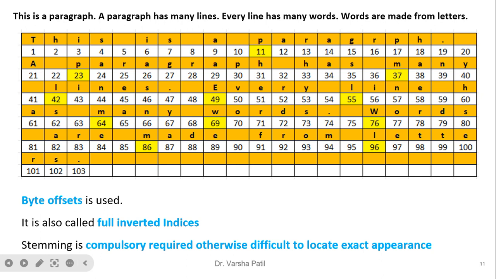Here, the particular words which start are marked in yellow. For simplicity, stop words are removed. So whatever important words there are, they are represented in yellow. They are nothing but the starting positions, and here byte offset is used, so every character is given a particular number. It is also a full inverted index. Stemming is compulsory, otherwise it is difficult to locate the exact appearance.